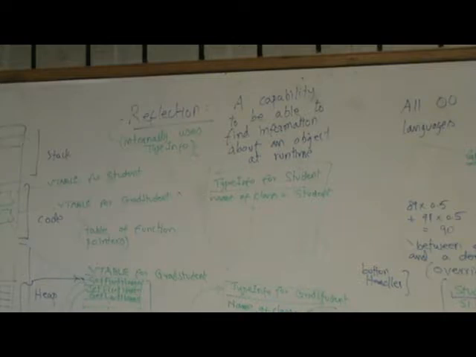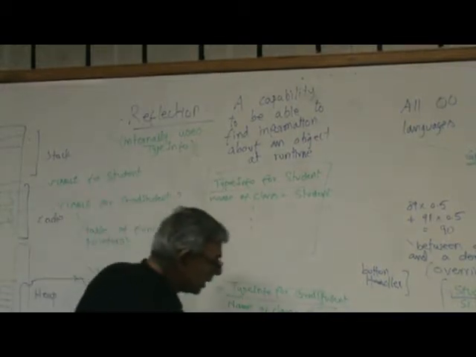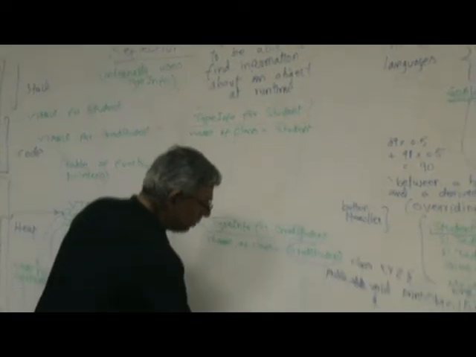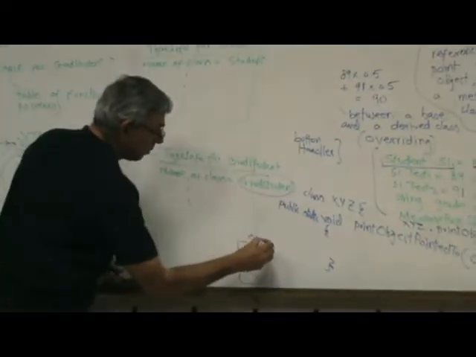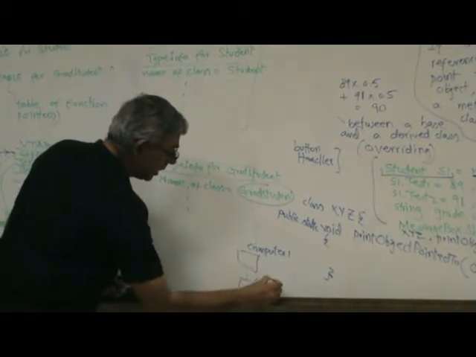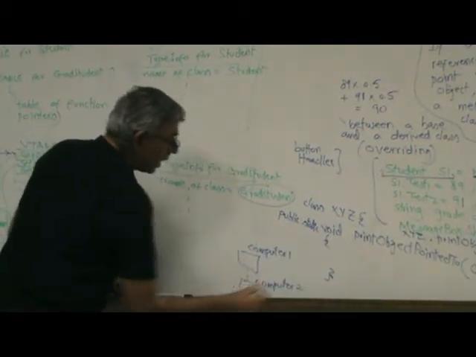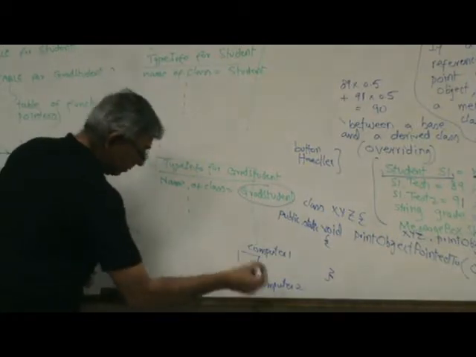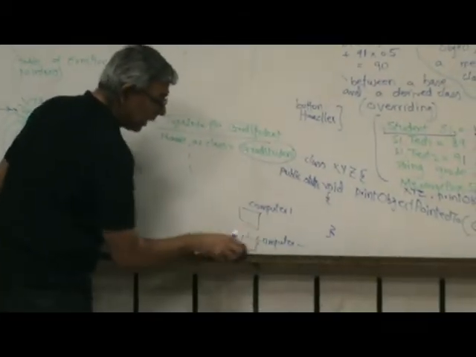Further, as we keep going in this class, towards the end of the class I will show you using reflection, we can create very powerful code implementations. For example, let's say we have a lot of computers available over here. So this is computer 1, computer 2, or computer N over here, right?